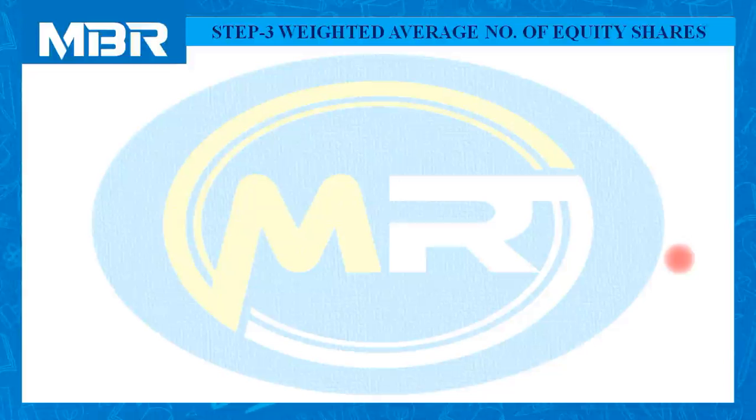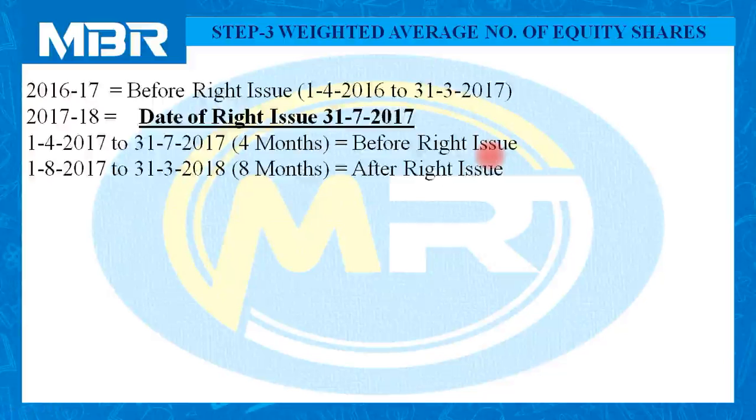Here, the weighted average number of equity shares is based on a different manner. Let us understand the information given by the examiner in our question. For the year 2016-17, the period is between 1st April 2016 to 31st March 2017.